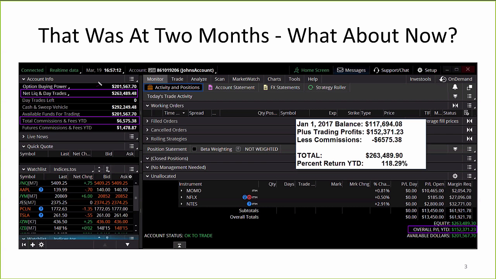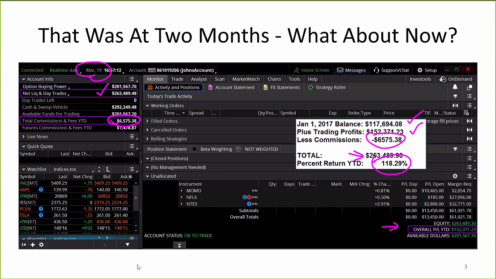On March 19th, the net liquidating value was $263,000. You've got a starting balance of 117, trading profits of $152,000, less commissions of $6,500, which leaves a return of 118%. So great, that was a month ago.